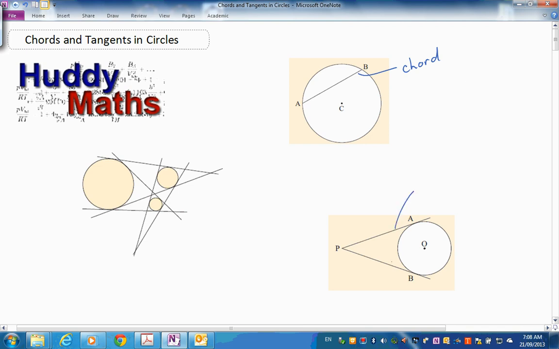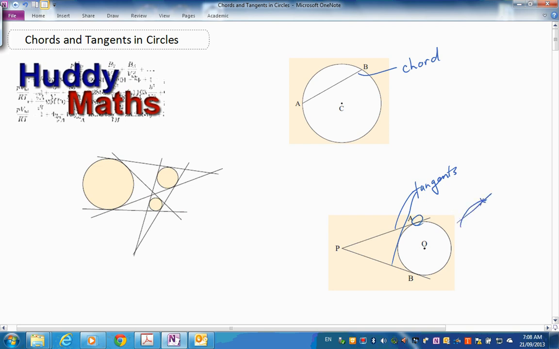Here we have what we call tangents. Okay, let's define a tangent. A tangent is a line drawn from a point where it just touches the circle at another point. Actually, only 1 point in common between the line and the circle. It does not intersect like that.